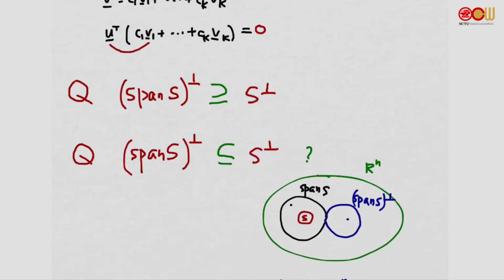So in particular, it will be orthogonal to the vectors in S. So if u is a vector in span S perp, u is also orthogonal to every vector in S, so u is also in S perp, and that will make this true.